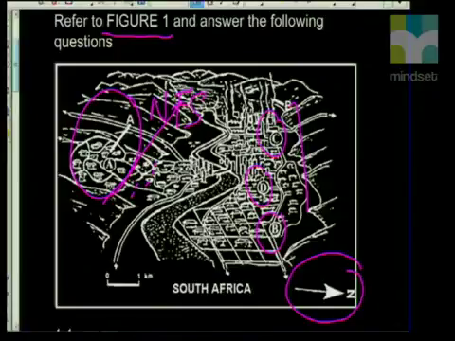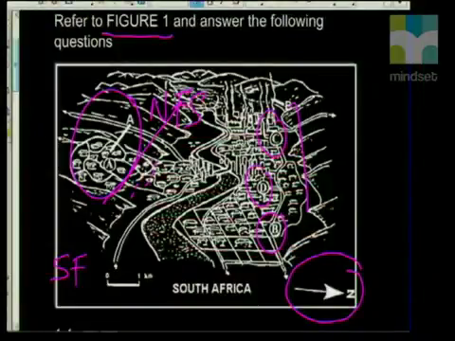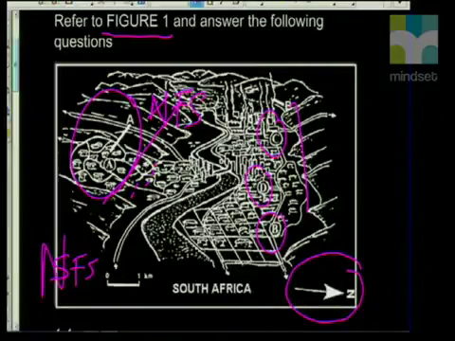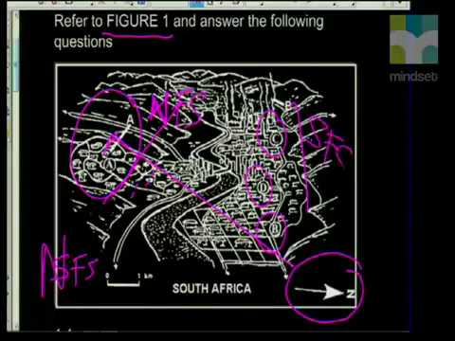We've already picked up South Africa, and that the north-facing slope receives more sunlight because it's facing north, and the south-facing slopes receive less sunlight.